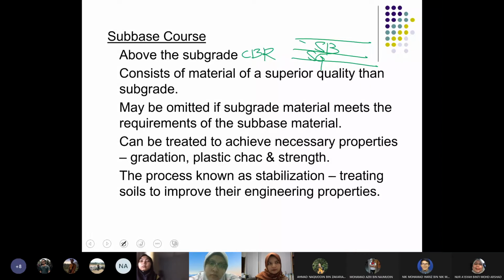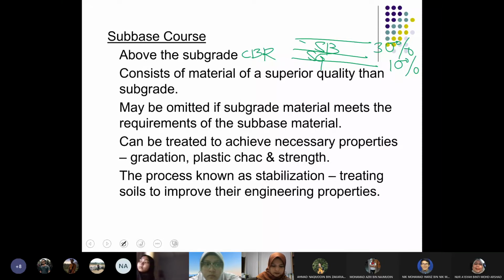You did this experiment in your geotechnical lab. For the subgrade, they say 10% is enough. But for the subbase, they say it must have at least 30% CBR value. So the higher the strength, the more superior it must be.